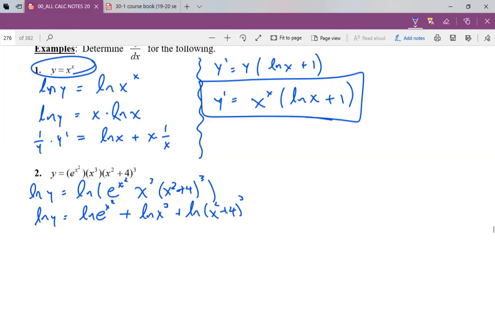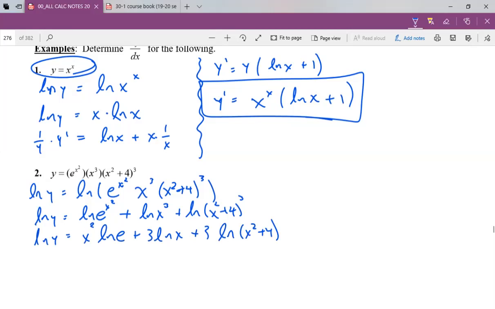Now we're going to use our power law for logarithms, and we're going to simplify that more. What that looks like: that x squared as an exponent comes down front, x squared, ln e, plus 3 ln x, plus ln of x squared plus 4.